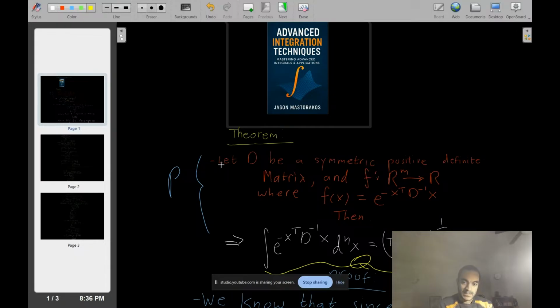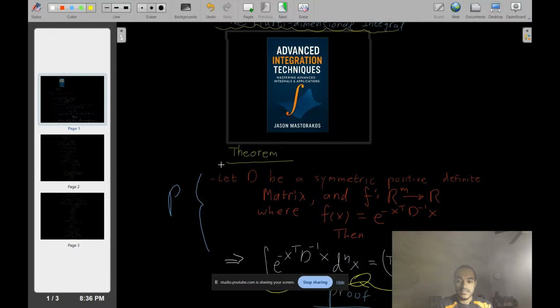This is from a theorem that states, from a book, and this is a factual theorem. So let D be a symmetric positive definite matrix, and let f map R^n onto R, where f of x is equal to e to the negative x transpose times D inverse times x, and we have this integral here, that we want to prove.